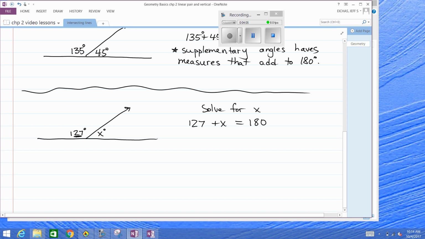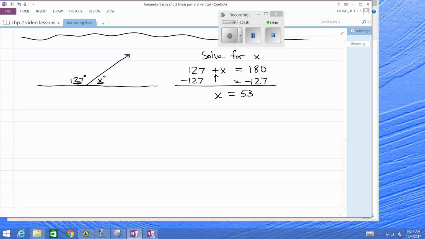So you take these two angles and you simply add them together, and it'll equal 180. Now we have to solve for x, so we subtract 127 from both sides. Notice that that's exactly what most of you would have done originally. So why do I have to write it like that is probably going to be your complaint.